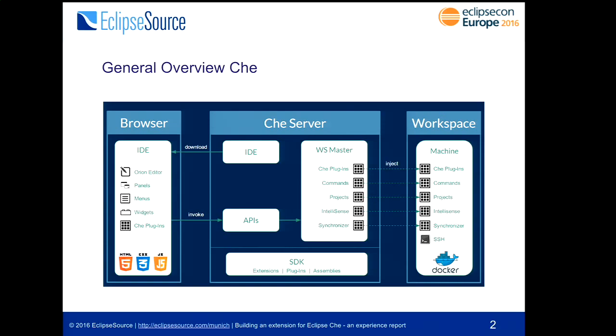This provides mainly REST services, and the IDE communicates with the server to trigger some features which are executed on the server, for example, to access files or to create workspaces and all this stuff. And finally, we have the workspaces. Over here, those are really Docker containers, so you can put in whatever you want in your workspaces, and there's a server to share those workspaces with other people.